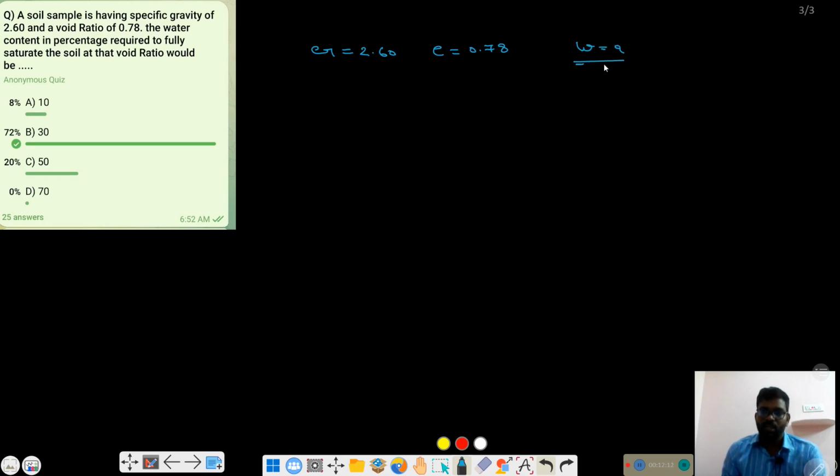That is required to completely saturate the soil, that is, degree of saturation is 100%, or you can say take it as 1. Okay, there is a simple relationship, that is S_r = G w / e. We use this simple relationship.